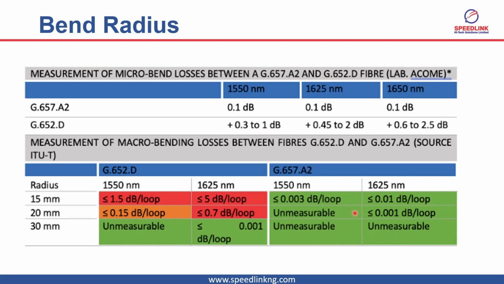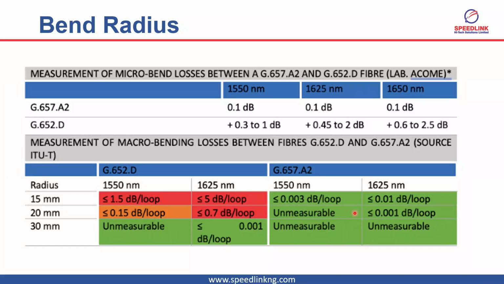Obviously, it's the best for all of them. It can manage macro bend and it can also manage what? Micro bend. Because in micro bend, whatever the wavelength is still 0.1 dB.